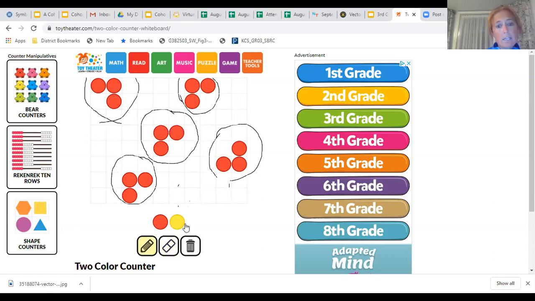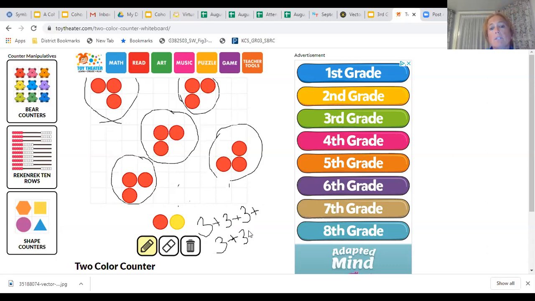So let's say 3 plus 3 plus 3 plus 3. I think I have hit my end on there. So let's see if I can just erase that. Plus 3 plus 3. And how much does that equal?